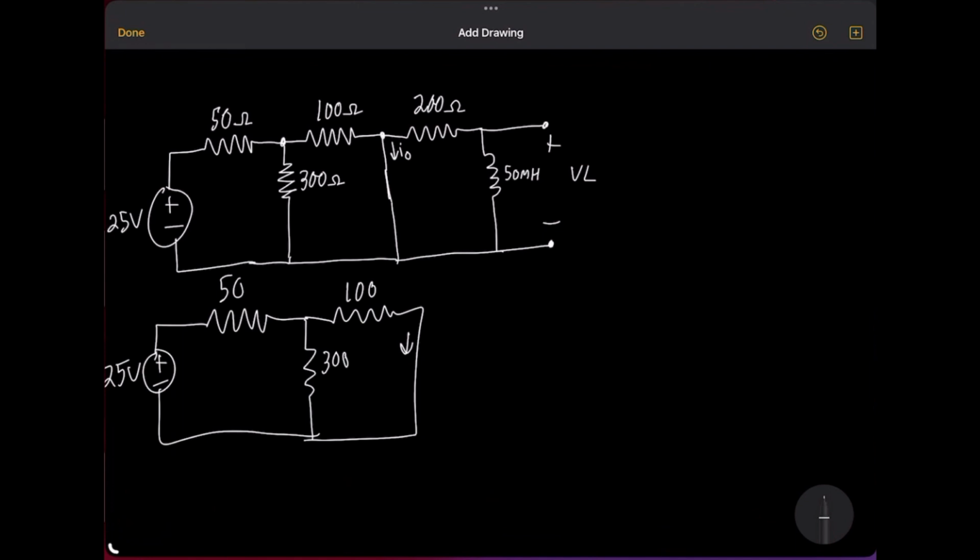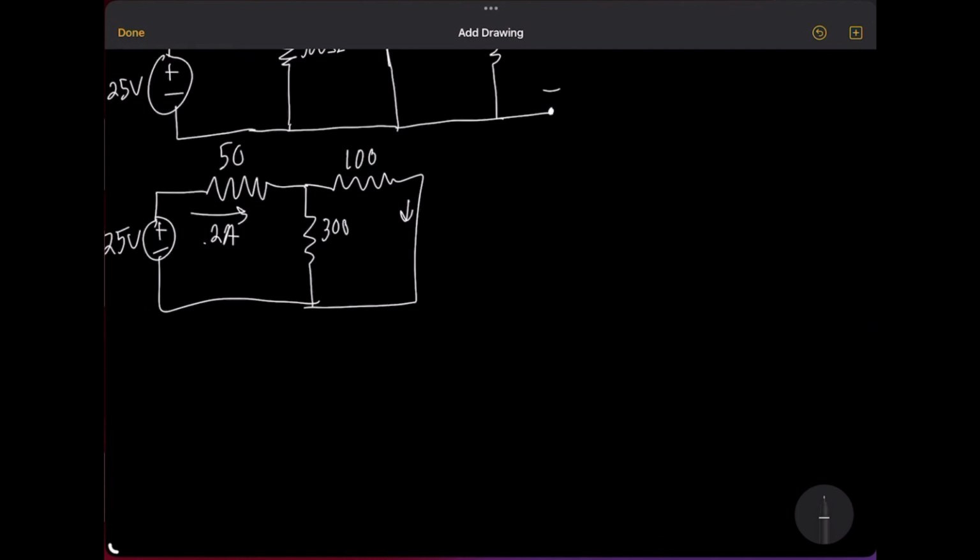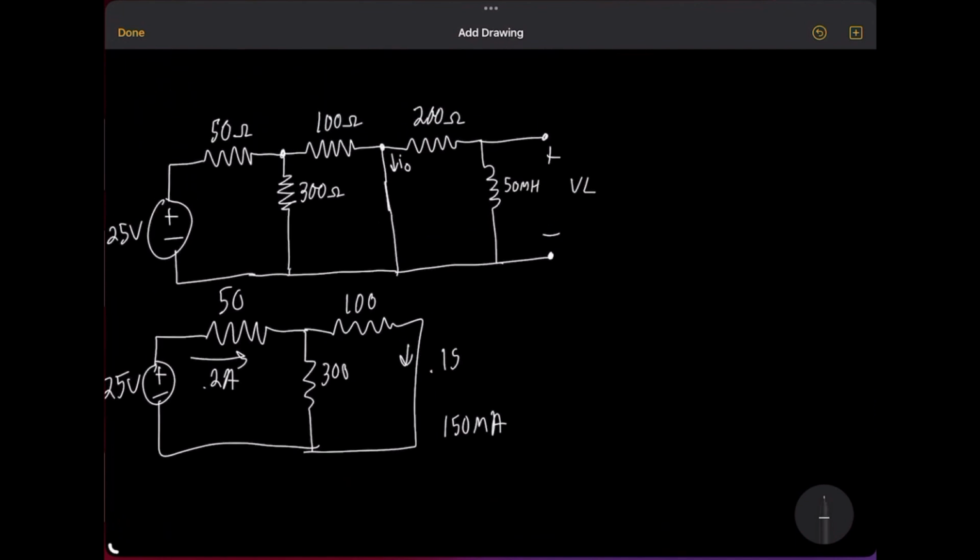We get 125, and 25 divided by 125 is 0.2. So we have 0.2 amps coming in. So let's do current division. Opposite to the one we want, 300 over the total on the bottom, times 0.2. We get 0.15, or 150 milliamps. Okay, so that's what's coming in through the circuit at this moment.